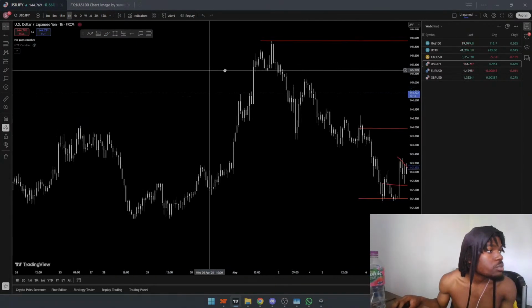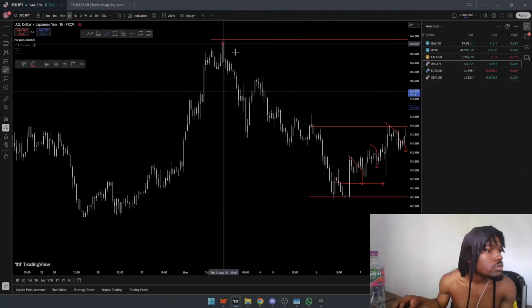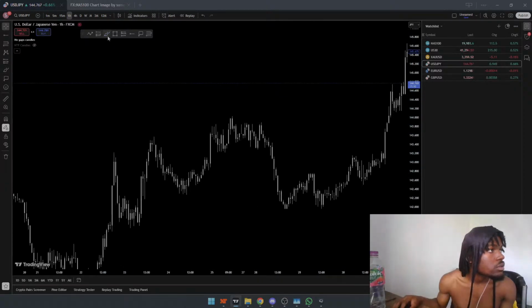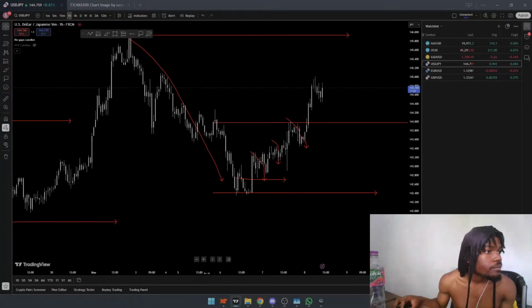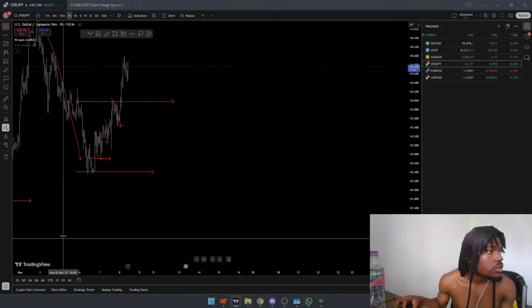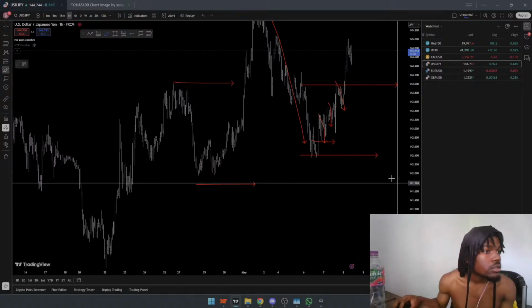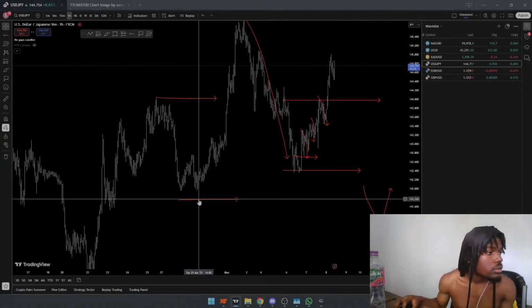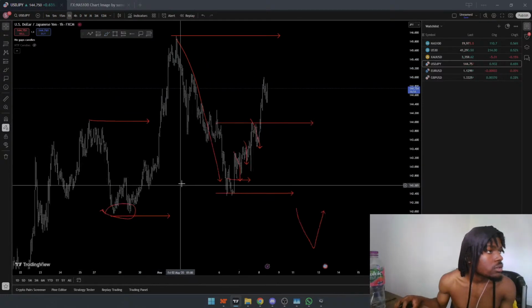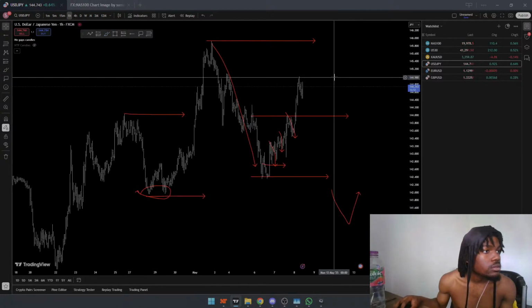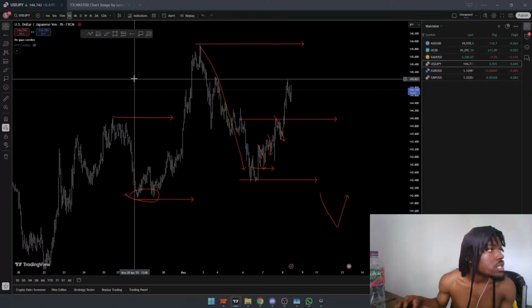So we can liquidate this pullback down into this range, or we can take out this valid low, essentially.